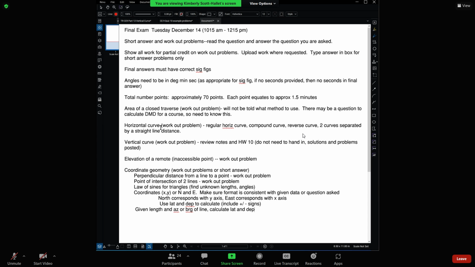Again, appropriate positive and negative signs. And if I give you the latitude and departure, you should be able to calculate your length, azimuth, or bearing of a line.